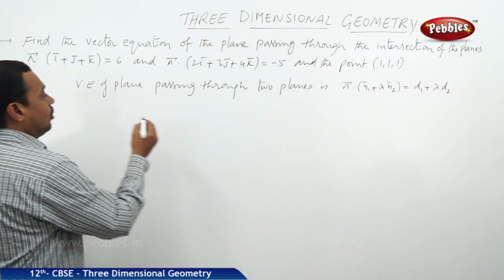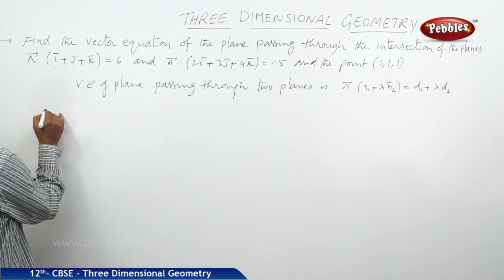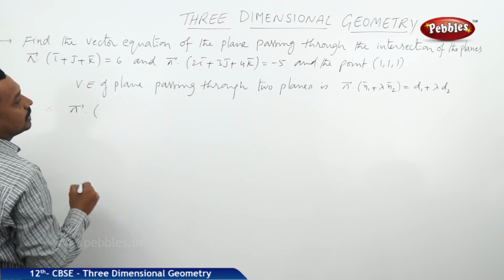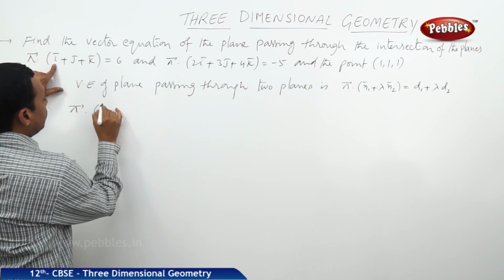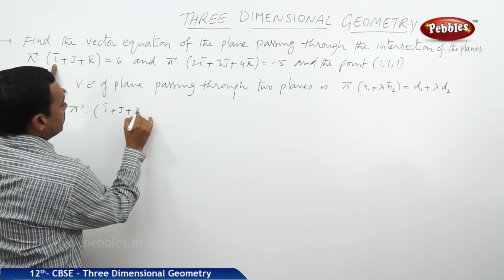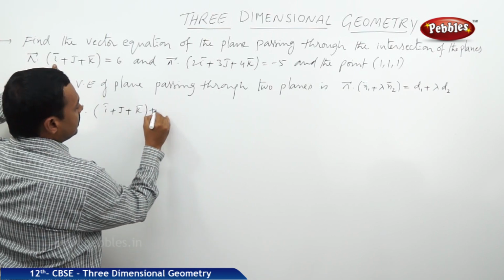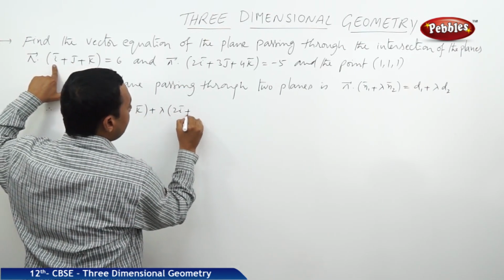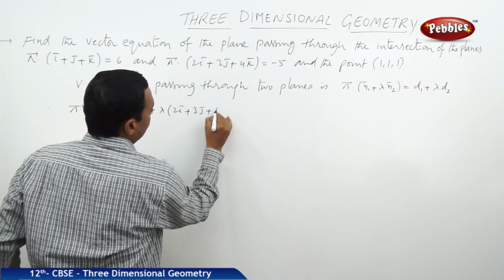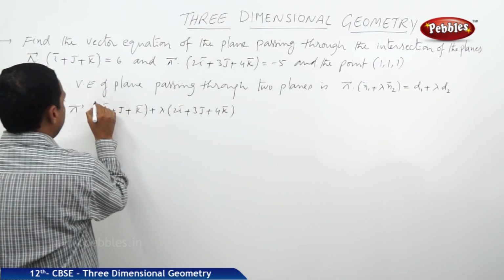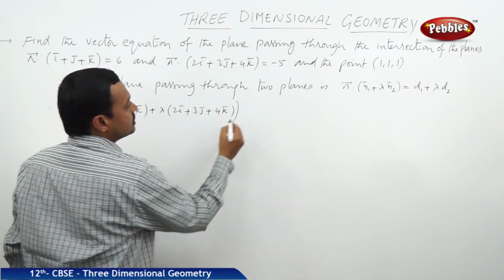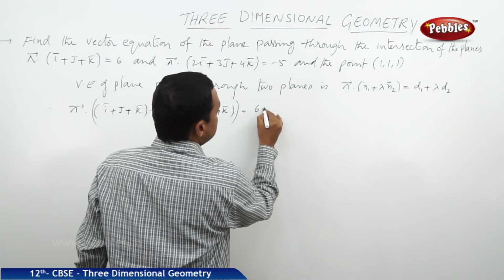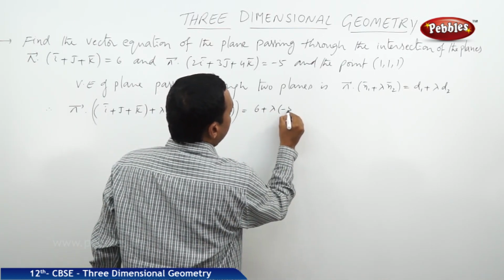Now substitute them. Therefore r bar dot (i + j + k + lambda into (2i + 3j + 4k)) is equal to d1, that is 6, plus lambda into d2, minus 5.